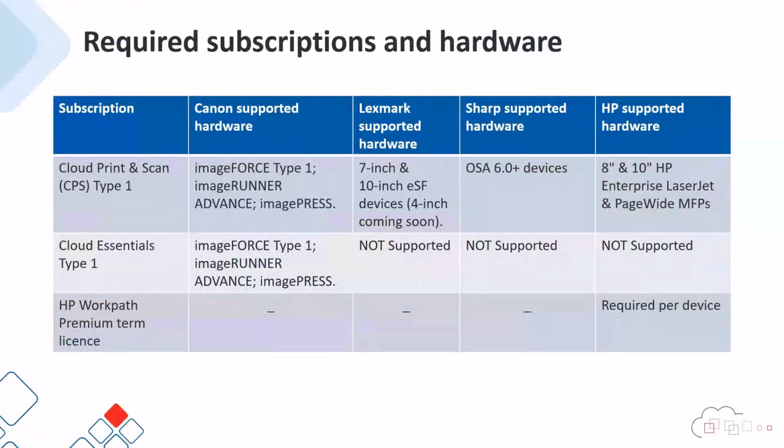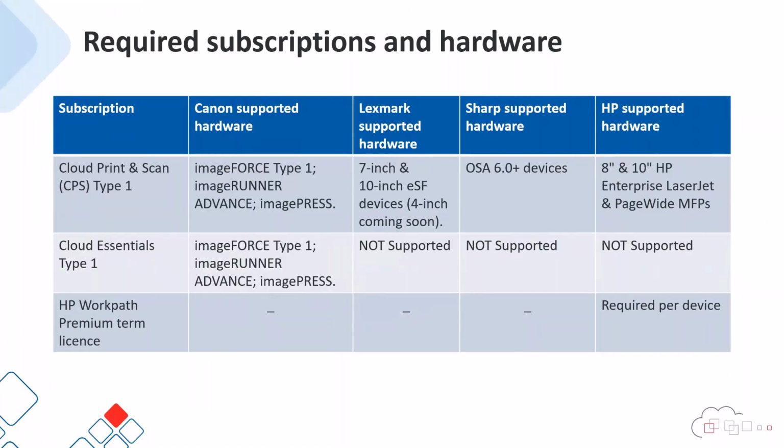So, CPS Type 1 is the subscription that enables embedded app support across Canon, Lexmark, Sharp, and HP, whilst cloud image processing continues only to provide the advanced Canon only scanning. Cloud Essentials, very key here, is not supported for Lexmark, Sharp, or HP embedded apps.